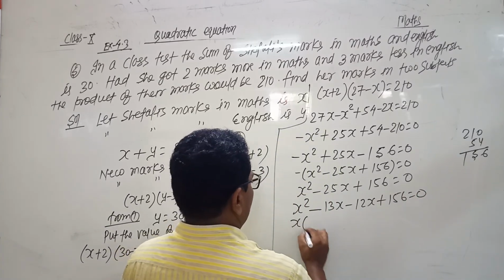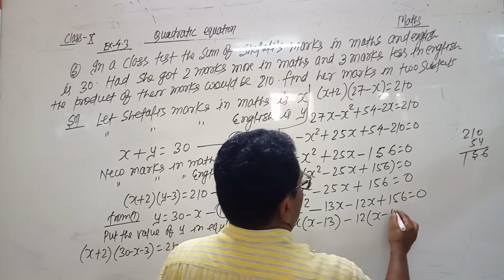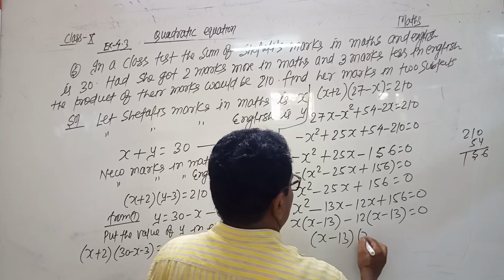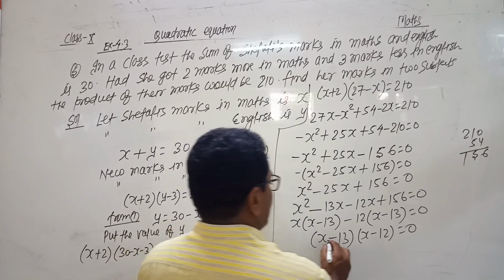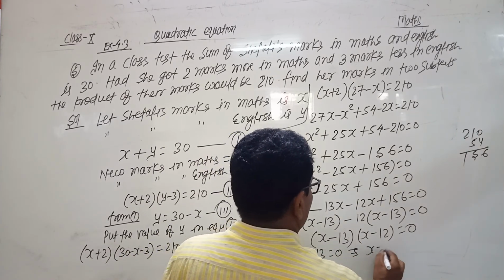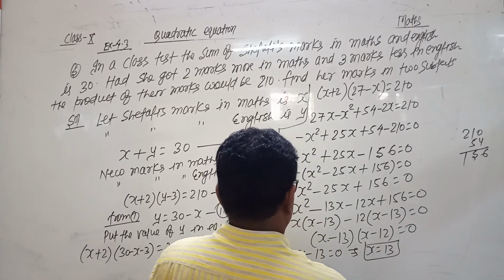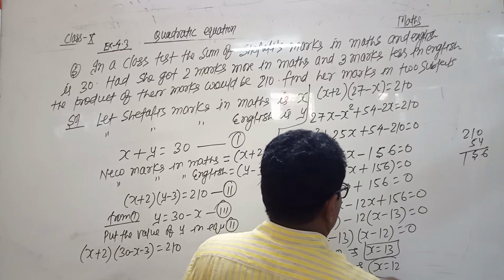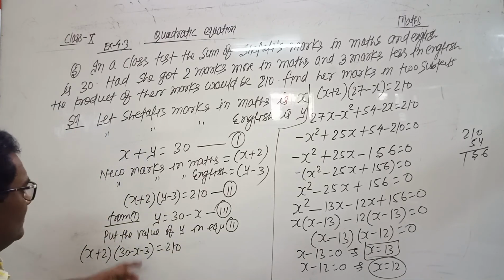From these two terms, x is common, so x minus 13, and minus 12 is common, x minus 13 equals to 0. X minus 13 is common, we get x minus 12 equals to 0. So x minus 13 equals to 0, and the value of x is 13. X minus 12 equals to 0, so the value of x is 12.